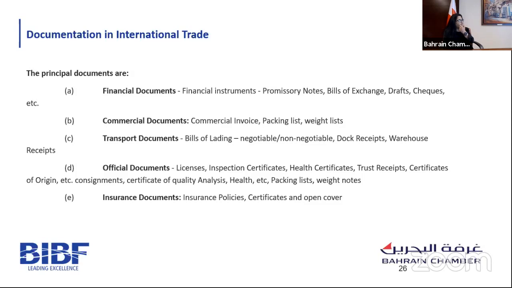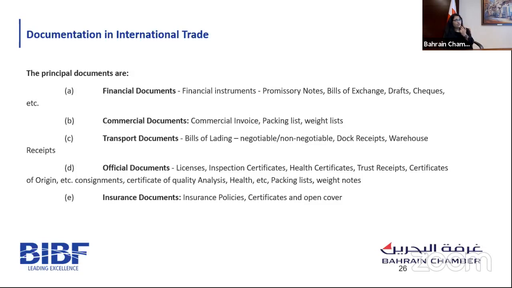You can ask for an insurance policy, insurance certificate, open cover, etc. But make sure that you don't ask for a cover note, or if the exporter is submitting an insurance cover note, it should not be accepted, because a cover note is a mere acknowledgement of insurance. The best one is the insurance policy. So when you ask for insurance, make sure that there is a minimum insurance of 110%.